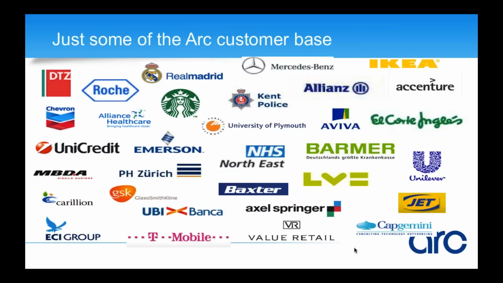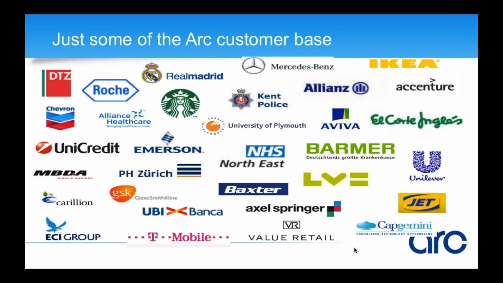Obligatory customer-based slide. I don't think you should be in any doubt about the capability of the product. I think we've got some fantastic customer case studies out there. Many of these are UK-based because this is, I guess, a UK primarily webinar anyway, but we have a large number of customers globally using the product in all kinds of different verticals.